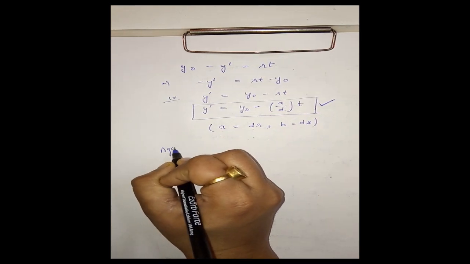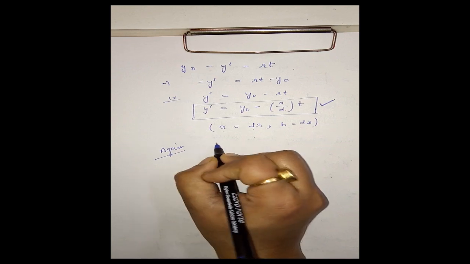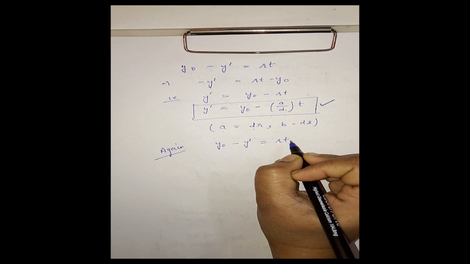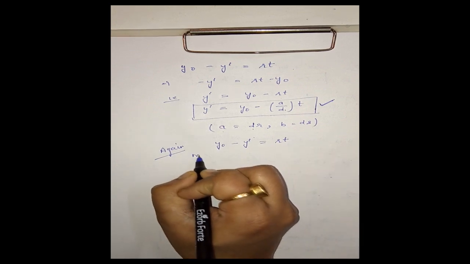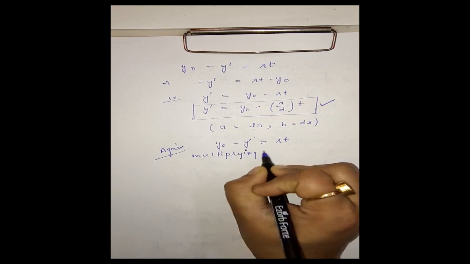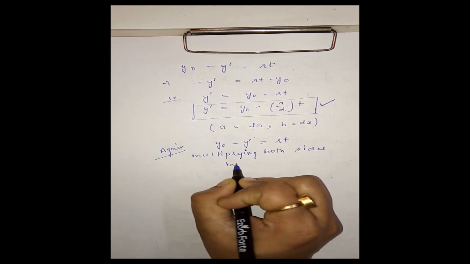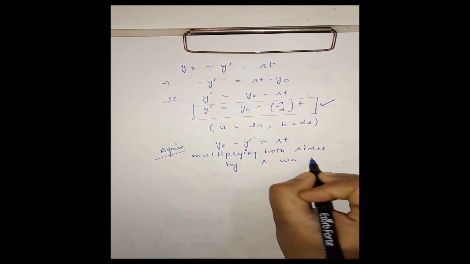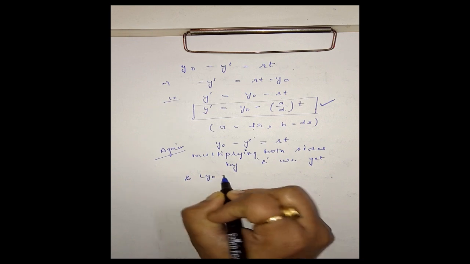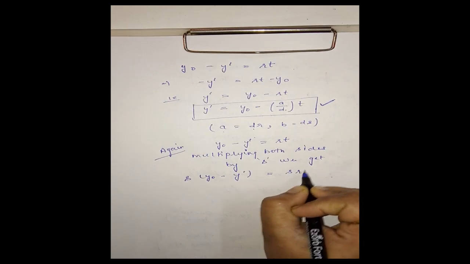Again, now we have to find the value of x dash. Okay. Now we have y naught minus y dash is equal to RT. Now multiplying both sides by s, we get s into y naught minus y dash is equal to SRT.